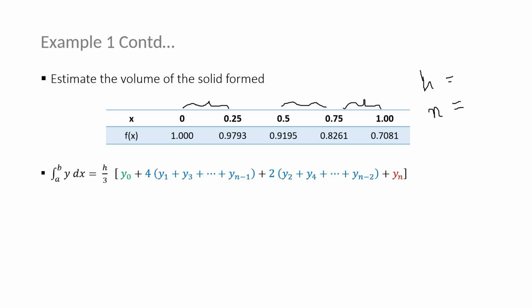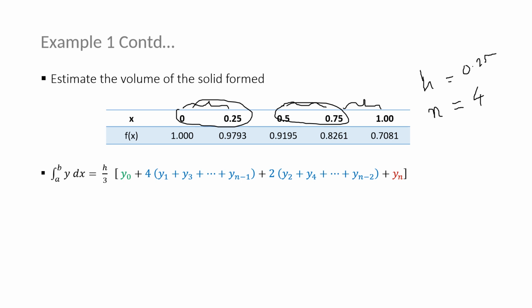I can either use these 2 points, or I can use these 2 points, or any two consecutive points can be used. Okay, so 0.25 minus 0 is 0.25, or 0.75 minus 0.5 is also 0.25. Okay, so h is 0.25. Then n is number of given data points minus 1. Hence we have 1, 2, 3, 4, 5. 5 minus 1 is 4, and hence the value of n is 4.